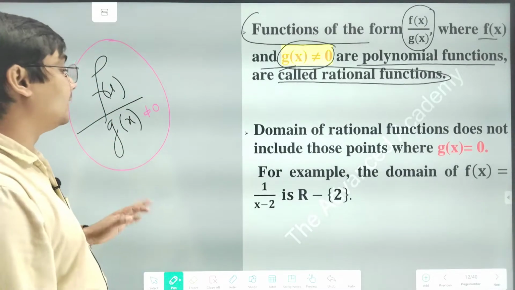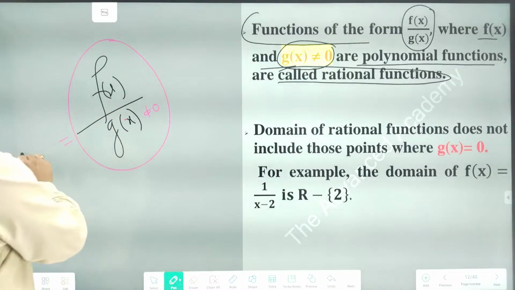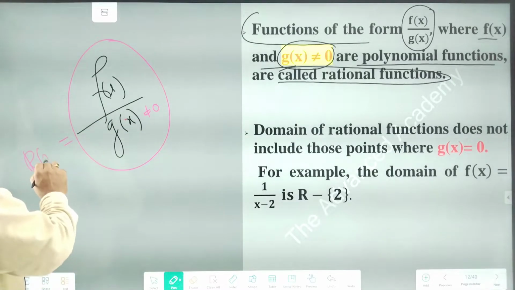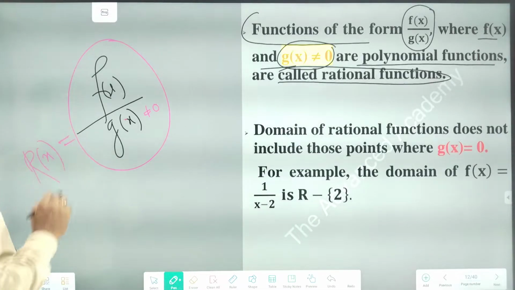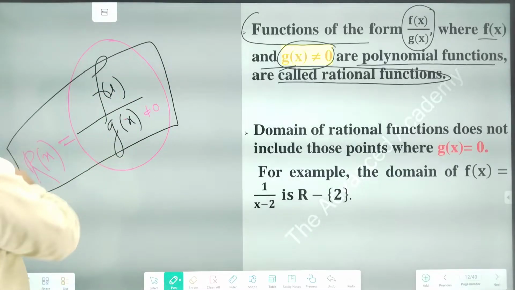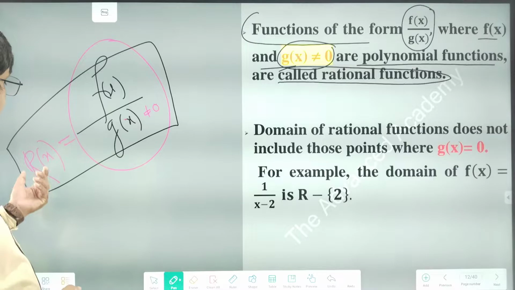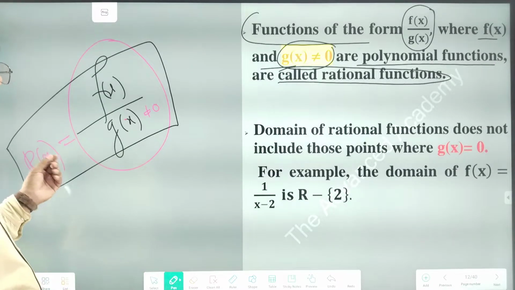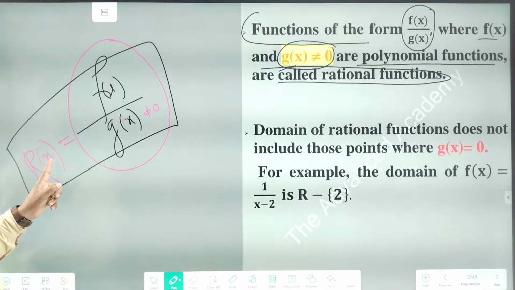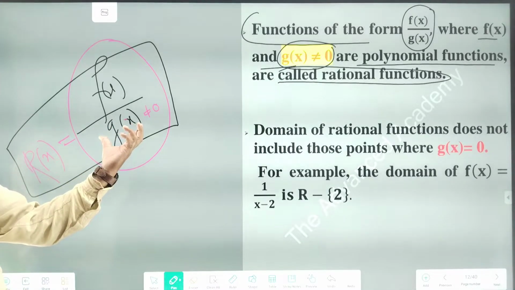Yes, and you see ये जो rational function होगा ना, suppose we consider this function is r of x. Then the domain of this r of x will give all the possible values of x where g of x is not equal to 0.